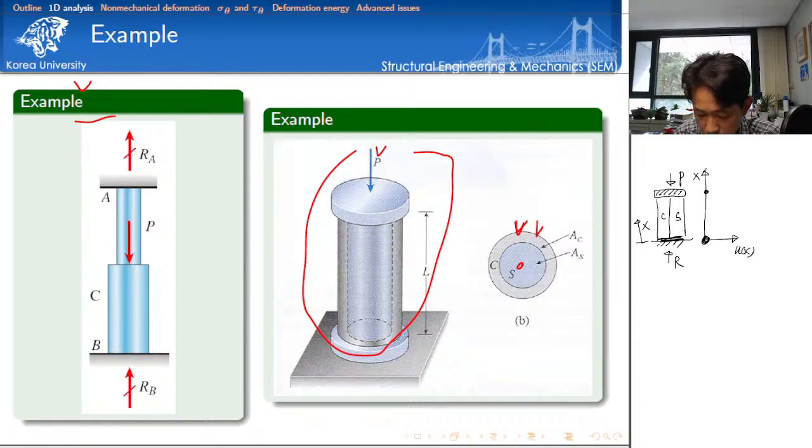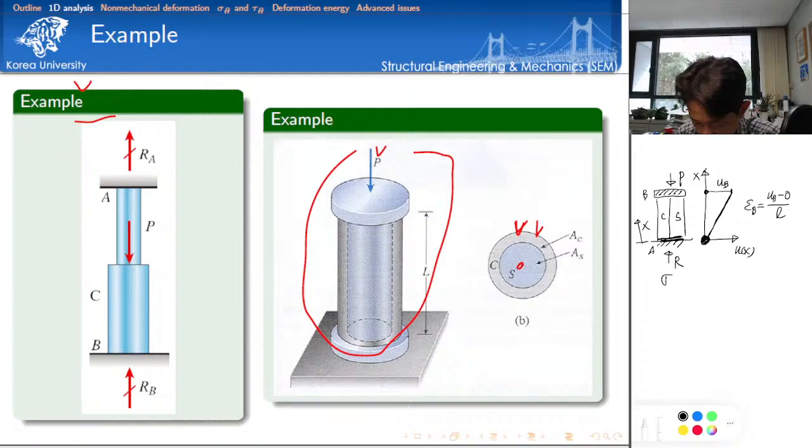Let's say this is point B. So I have a non-zero nodal displacement UB, and this is the change of the displacement field. So we can calculate the strain very easily: UB minus 0, divided by the length of the member. This is the strain.